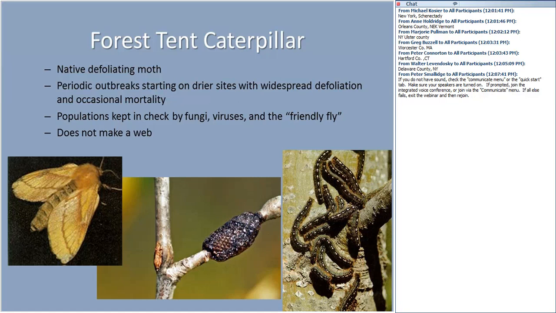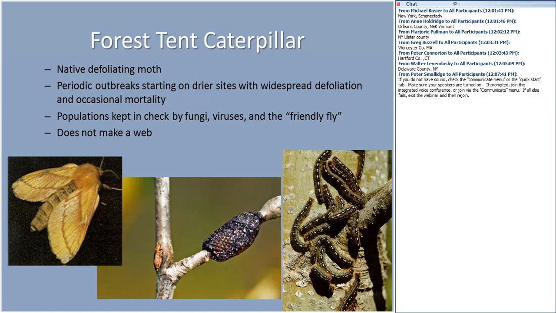So it's always good to think about all these different stressors that are involved, and I think the forest tent caterpillar has taught me a lot about sugar maple and the dry sites. Indeed, on some of the same dry sites where I saw the forest tent caterpillar get started, there was a drought a few years previous to the outbreak that actually killed some very large established trees as well.